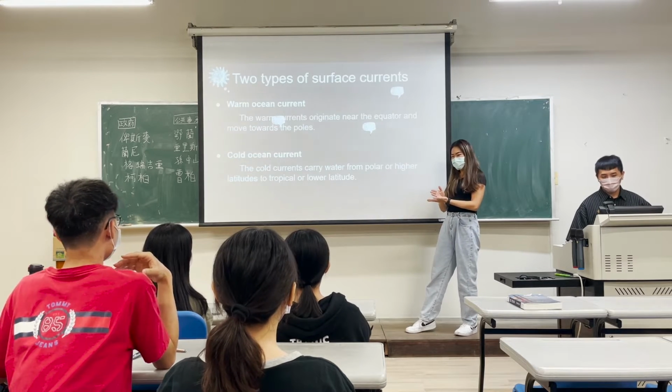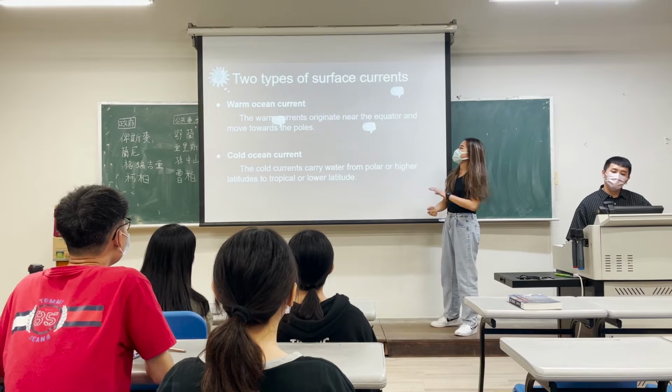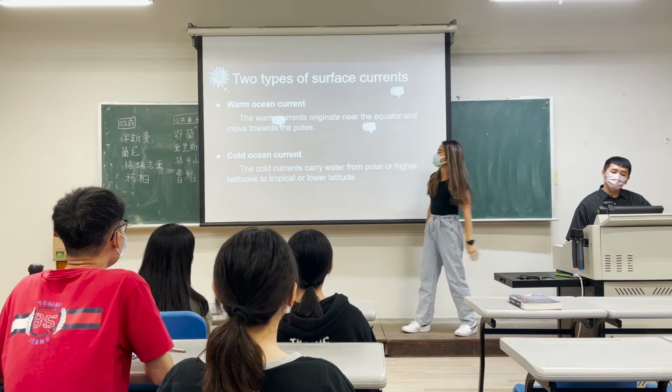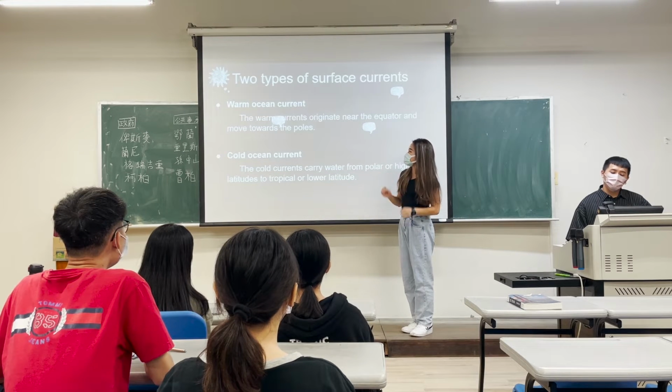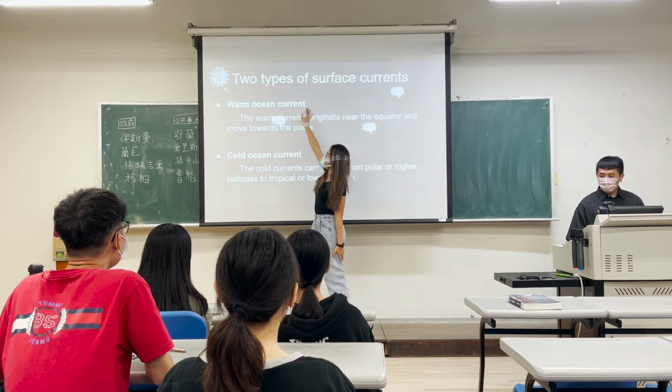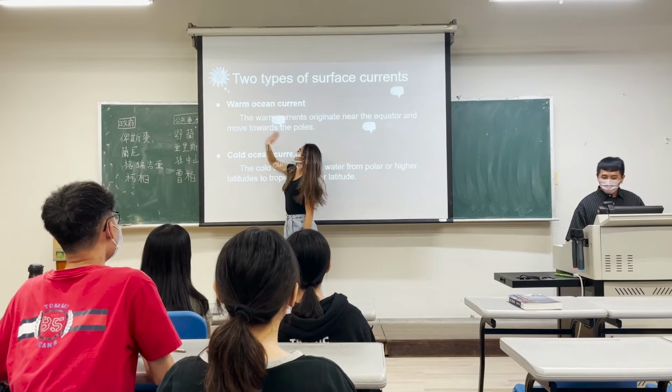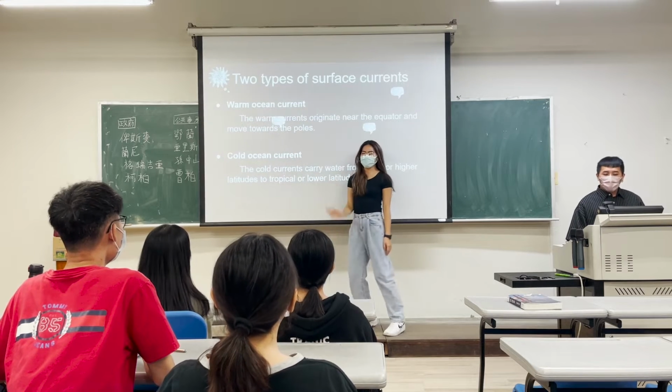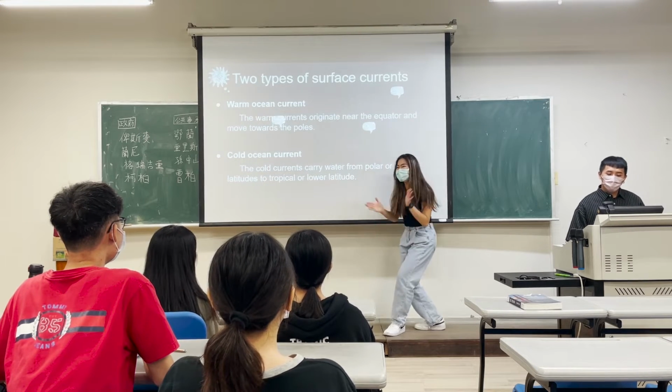So there are two types of surface currents. They're divided by temperature. The first one is warm ocean currents. Repeat after me. Warm ocean currents. Great!